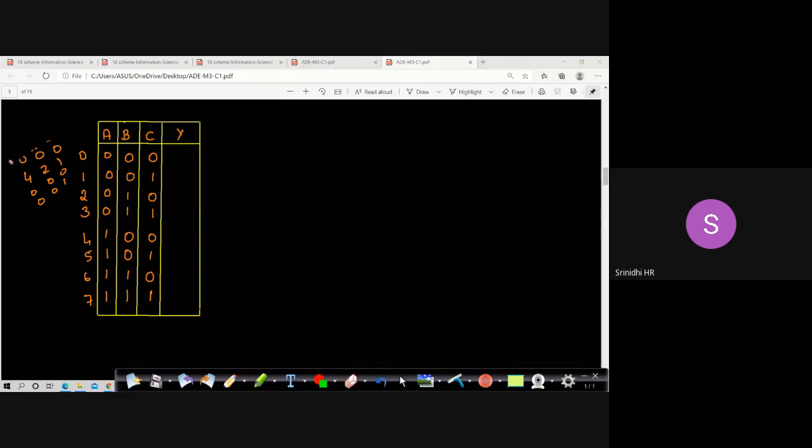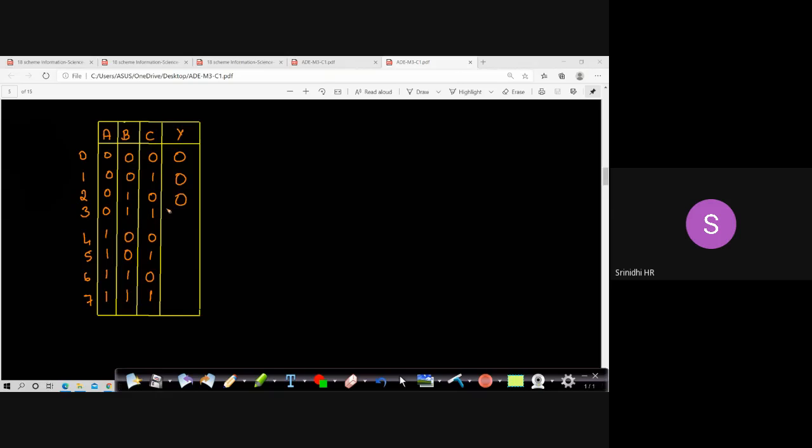So what is my output for the first input? Here it is 0, 0, 0; it doesn't contain any one, so my output is 0. Next, how many ones do I have? A single one, so my output is 0.